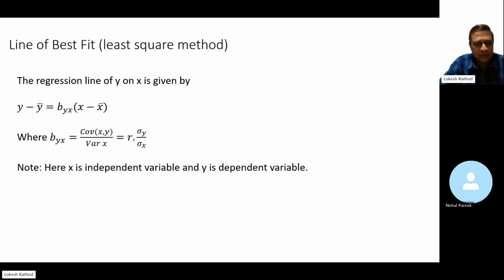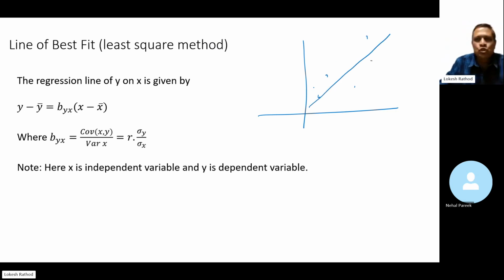So this is line of best fit. Line of best fit. So we use the least square method. Whenever you have some data like this, you draw a line which is passing through most of the data. That is known as line of best fit, right? There are different ways we can draw this line. The most popular method is the least square method. In that, what you do, you find the distance of each point from the line, right?